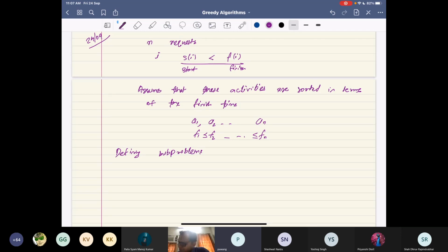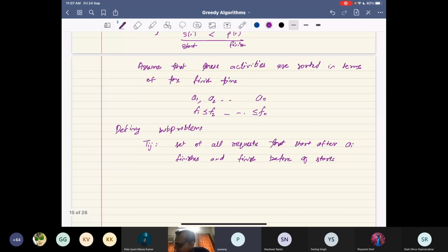Let's say Tij is the set of all requests that, because I'm sorting by finish time, the way I'm defining it is slightly non-intuitive, start after Ai finishes and finish before Aj starts. So this is my subproblem, Tij: the set of all requests that start after Ai finishes and finish before Aj starts.